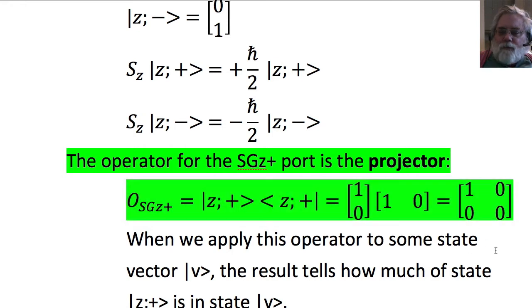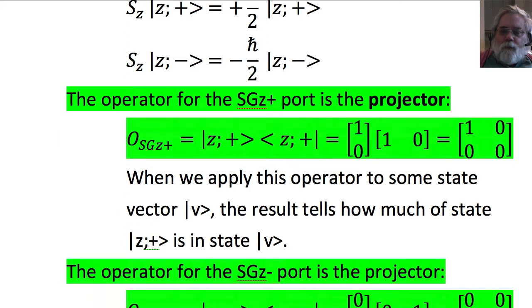The 2 by 2 matrix has 0 in all elements except the upper left 1, 1 element, which is 1. When we apply this operator to some input state vector V, the result tells us how much of state Z plus is in state V.